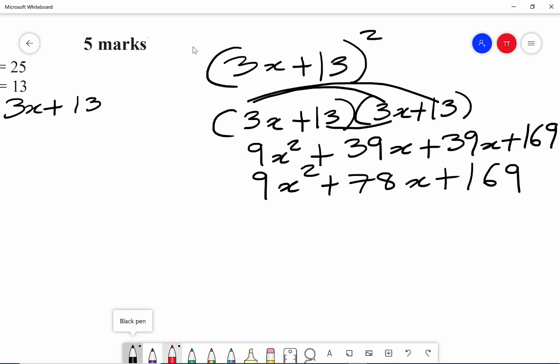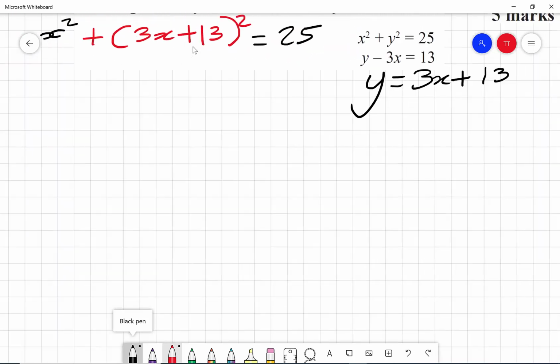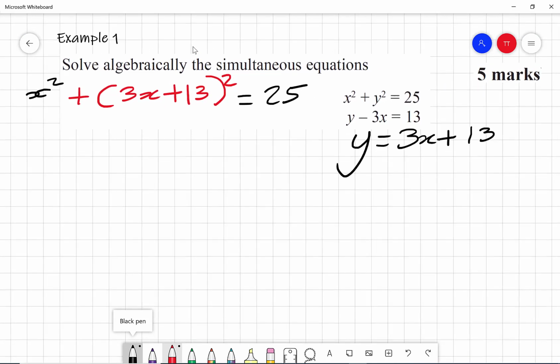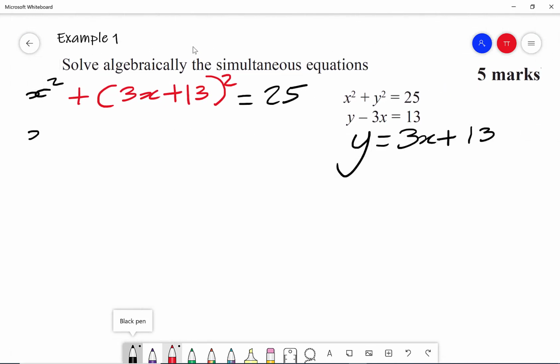So I'm now going to substitute that in this part of the equation. So I get x squared, and we've already got that, so I'm going to write it in red: 9x squared plus 78x plus 169.